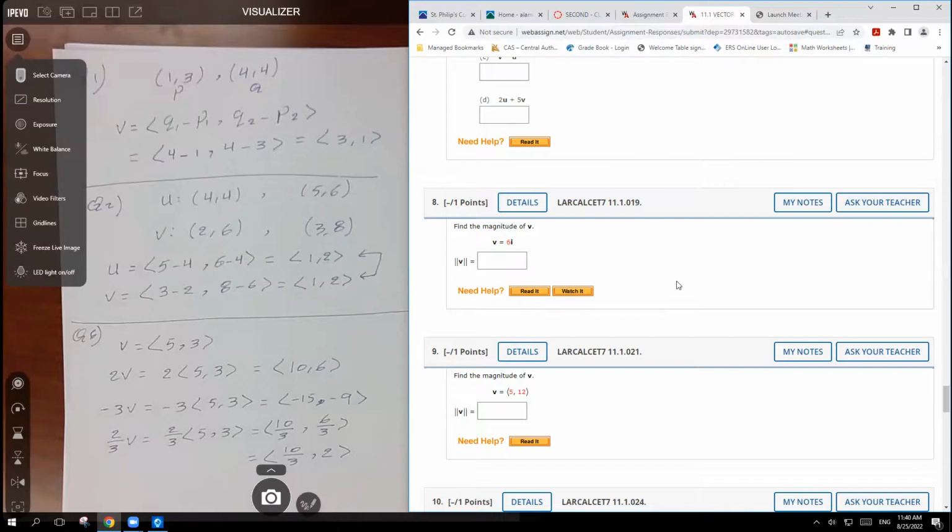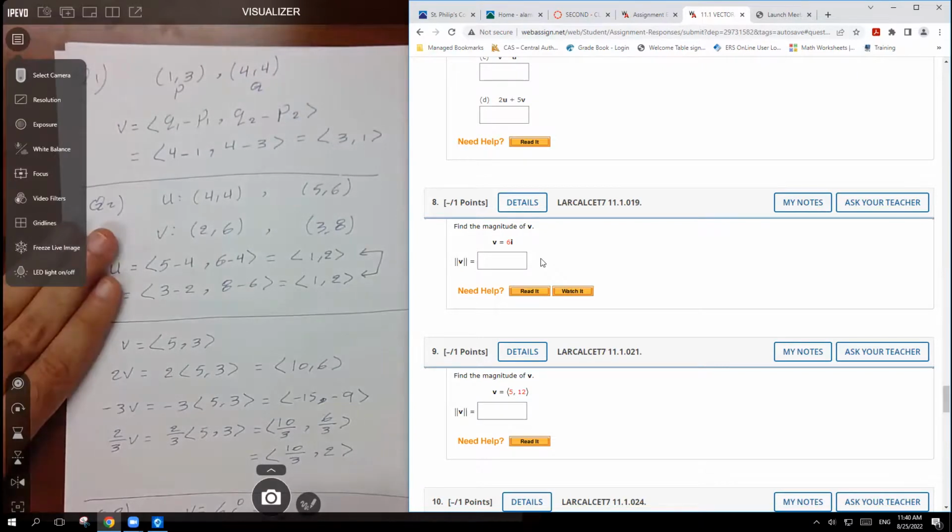Don't confuse yourself. Do you have j? So if you want to write down this vector, question 8, it says v equals 6i.